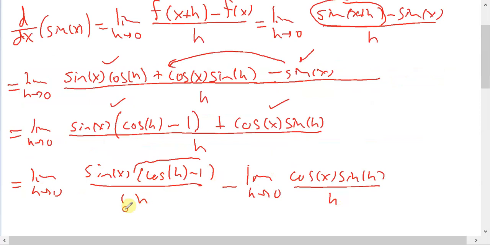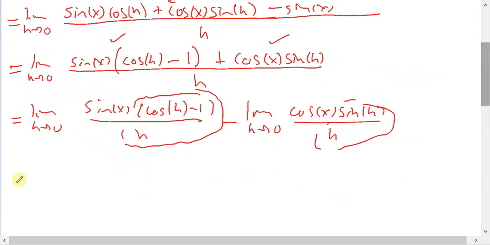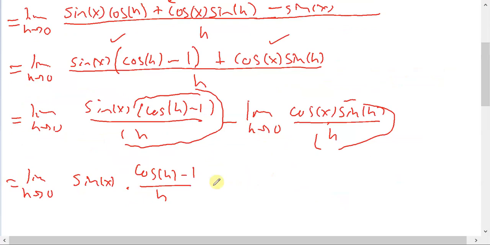There's cosine h minus 1 over h, and this one has sine h over h. Those are two of our limit formulas that we know. So I'm going to just rewrite it, not changing anything other than how it looks. I'm going to put the sine x over here by itself. The cosine h minus 1 over h is still the same term here. It's just I broke those factors up. And then this is a plus here.